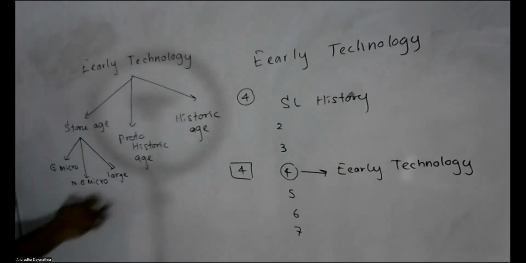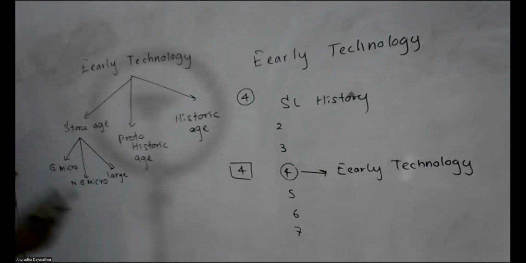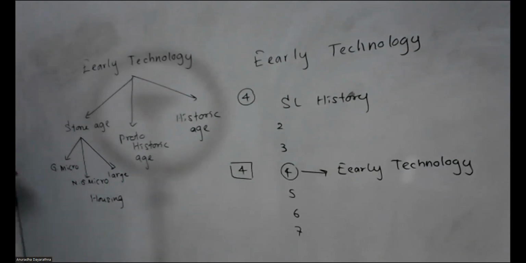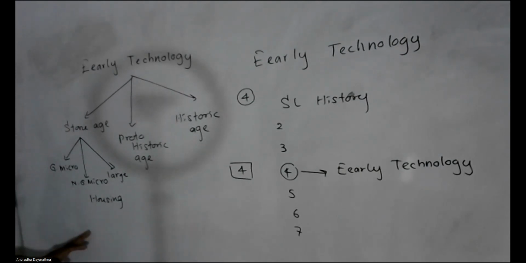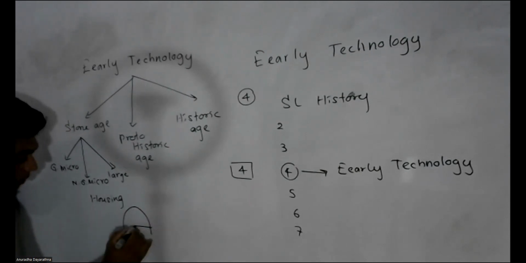Other than making these tools, they had another technology, which is about housing. They did not build any houses. They were living in natural caves, but in front of their cave they prepared a parapet wall. What do you mean by a parapet wall?